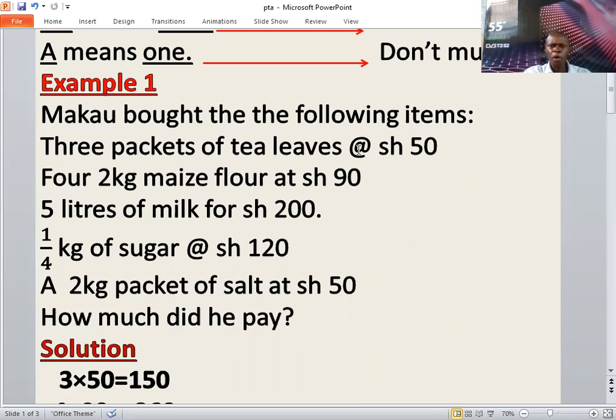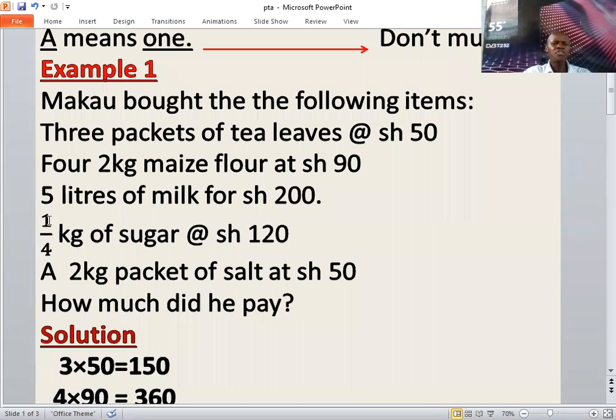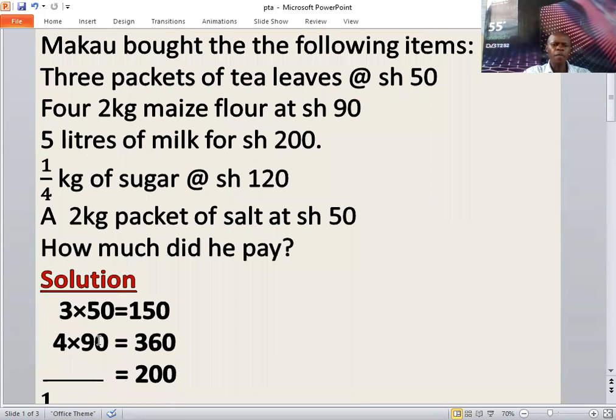At, just like this symbol here, you have to multiply the number of items bought times the price per item. That means the number of items bought were 4. What was the price per item? 90 shillings. 4 times 90. Probably at your level, you know that the answer becomes 360.